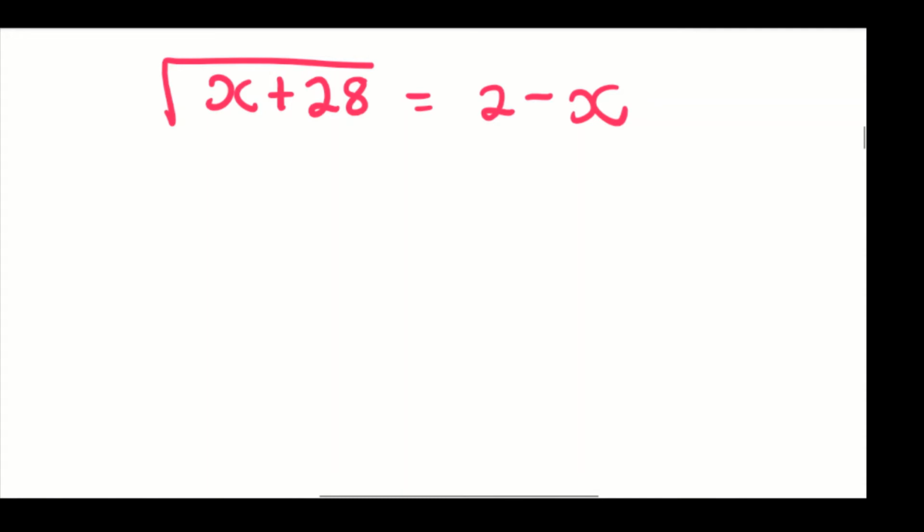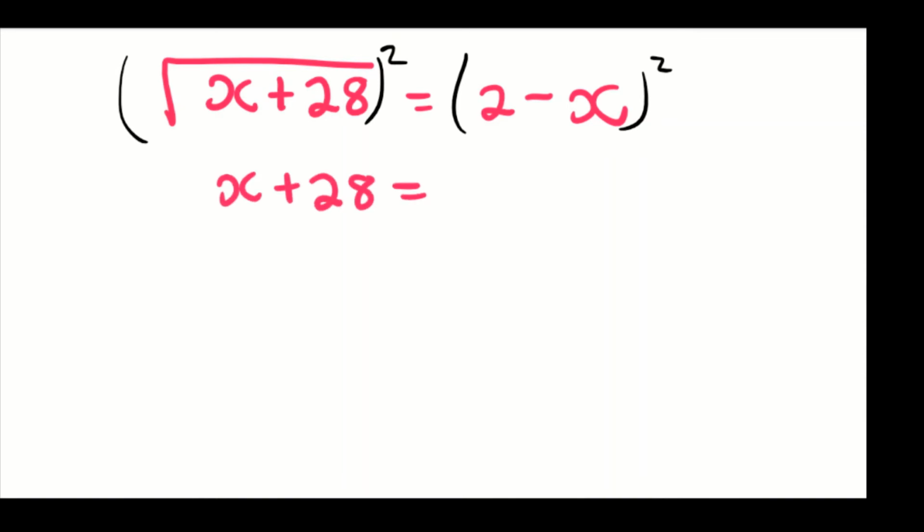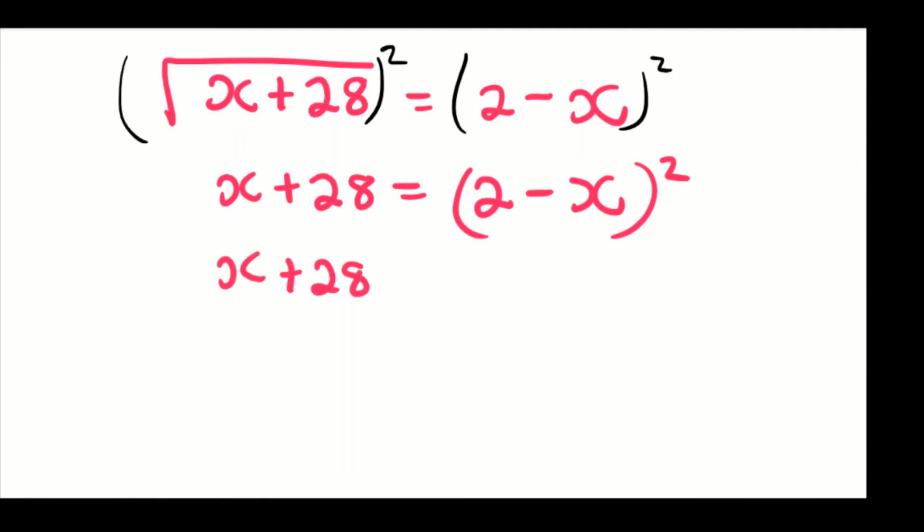So the first step we're going to do here is square both sides, and then we're going to have x plus 28 is equal to (2 minus x) squared, right?